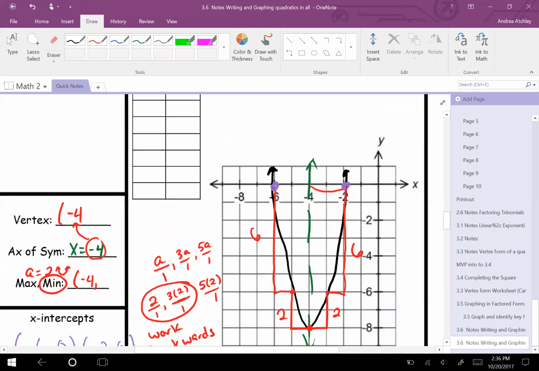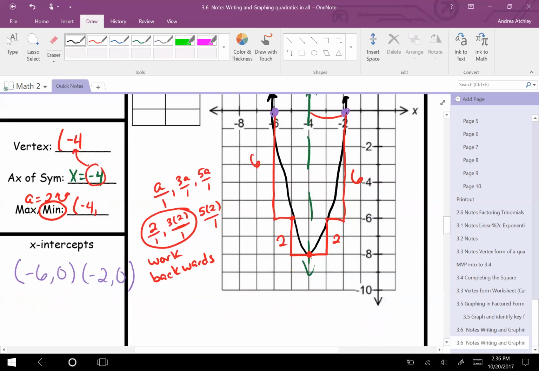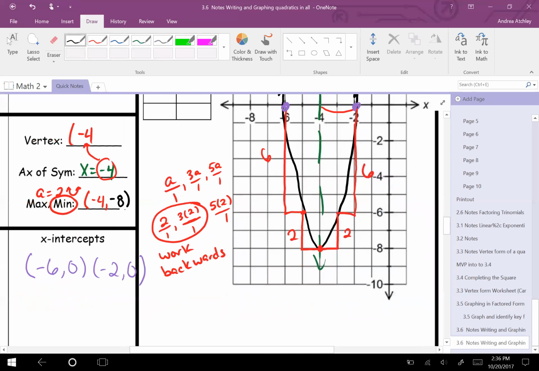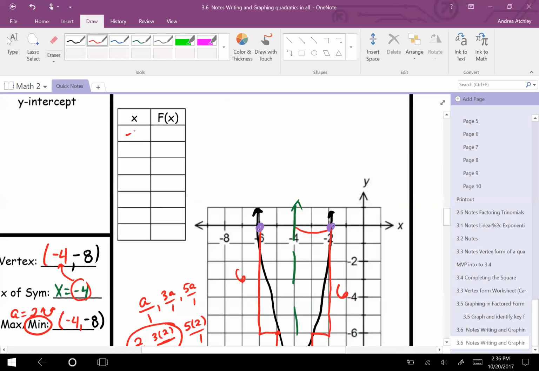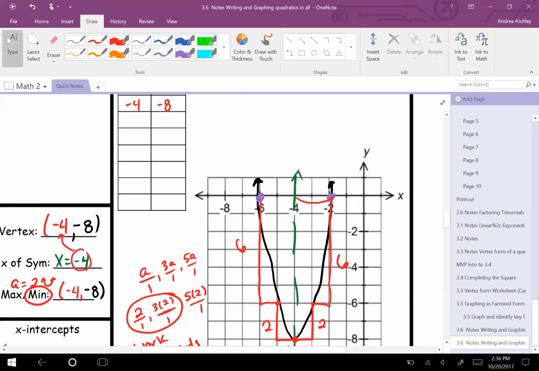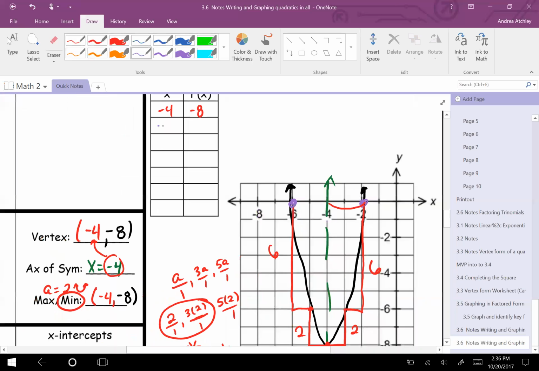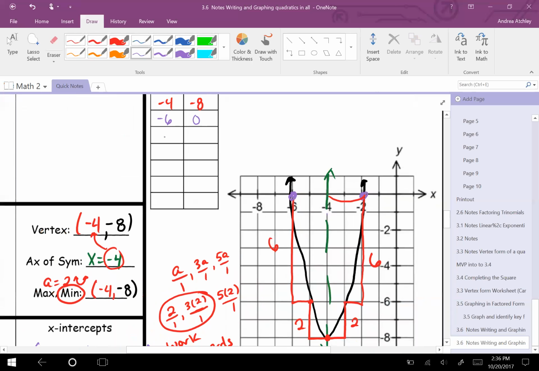Okay, I have a bunch of ordered pairs I can write in here. Oh, so our y value then is at -8 for my vertex. So I have -4, -8. My x-intercepts are -6 and 0, and -2 and 0.